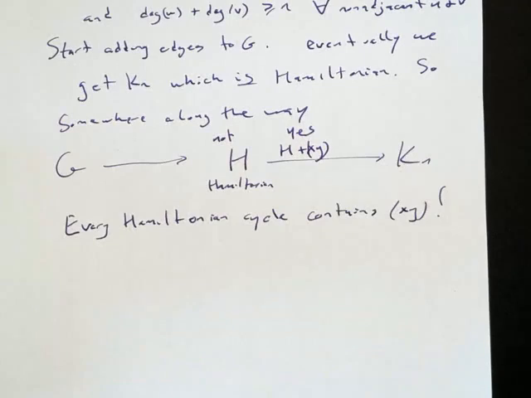So wait a minute. H is not Hamiltonian, right? So if I took away that edge from the cycle, I'd have a path from X to Y, wouldn't I? And that path would be Hamiltonian. It would touch everything else, except it wouldn't finish the cycle.